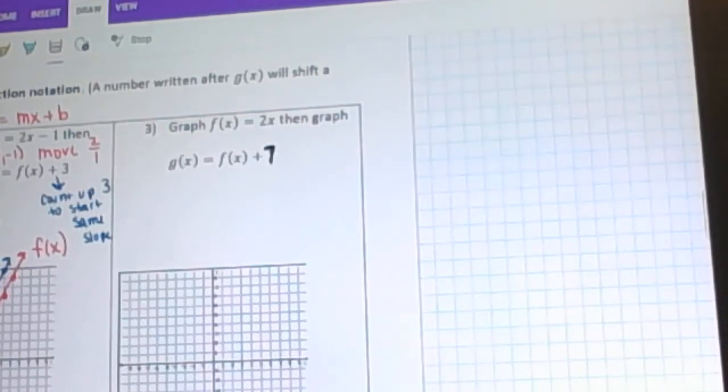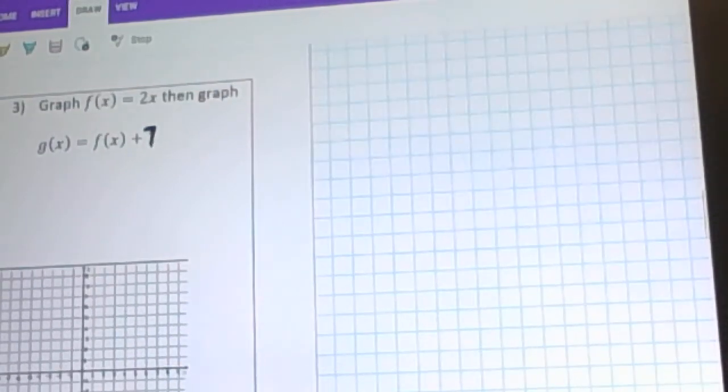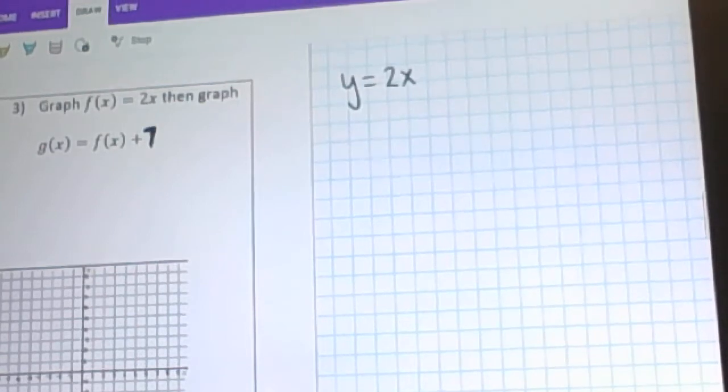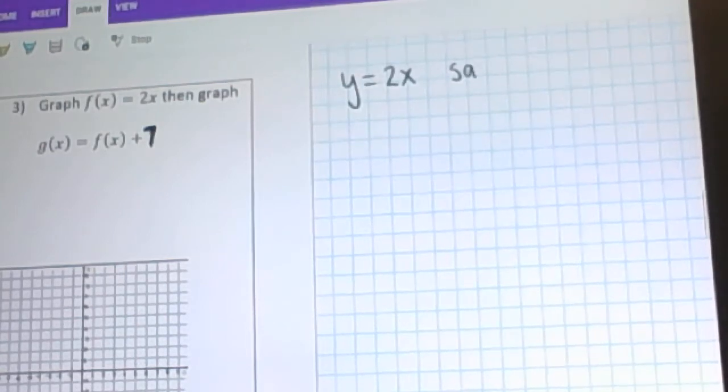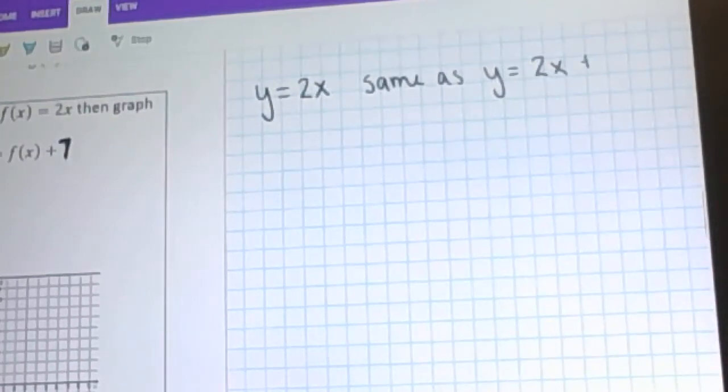Is everybody ready for number 3? Y equals 2x is the same as y equals 2x plus 0. Why does that matter?